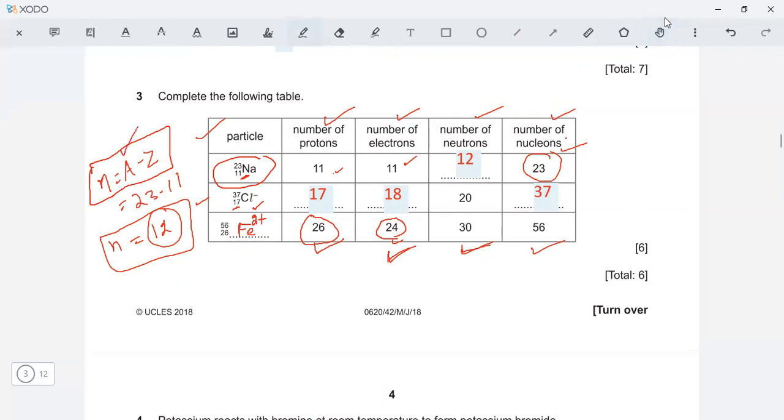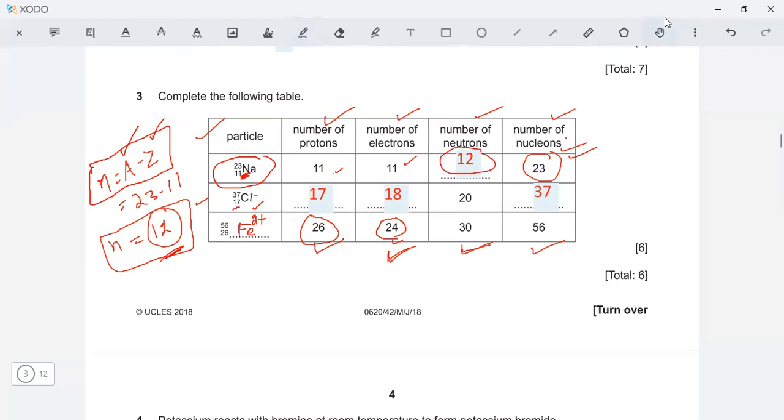Here A is meant for the nucleon number, which is found at the top of the element, and Z is meant for the proton number, which you can find at the bottom of the element. So the nucleon number is 23, already mentioned here. 23 minus 11, so you get 12. So 12 we write here as the number of neutrons.